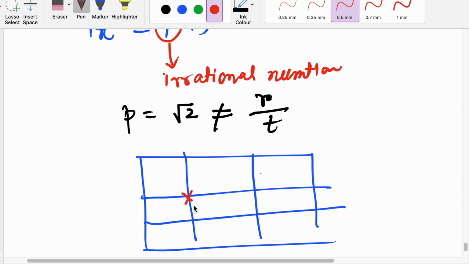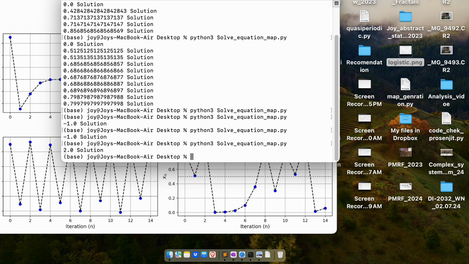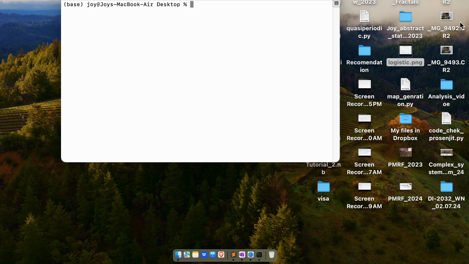If you start from here, the point will never come back to this same point, because it is not a rational number. That's why the system does not become a closed orbit. So let me show you a Python program where I can show you a quasi-periodic orbit. Let me clear.